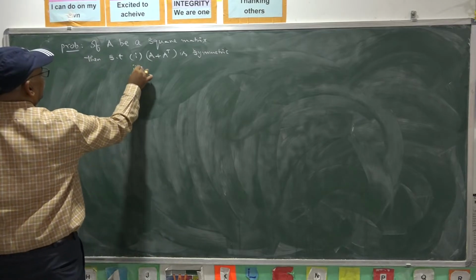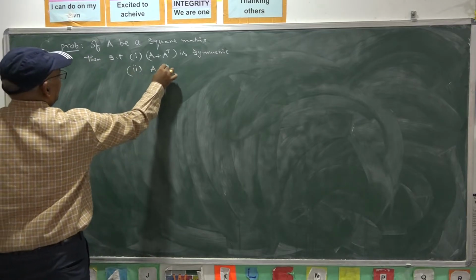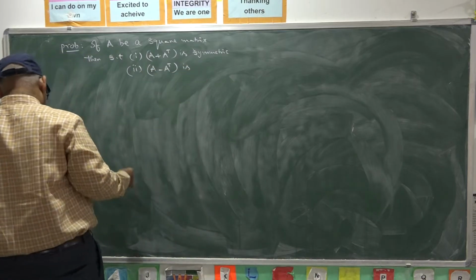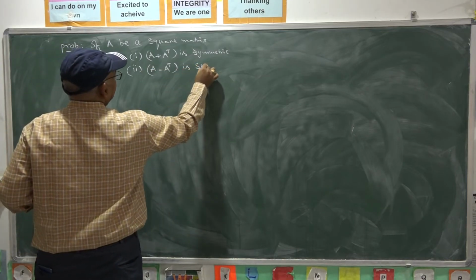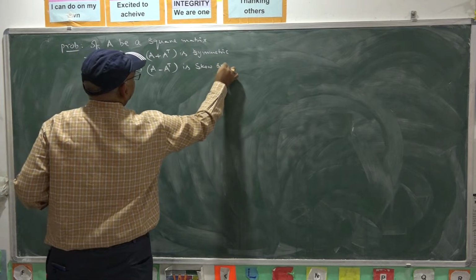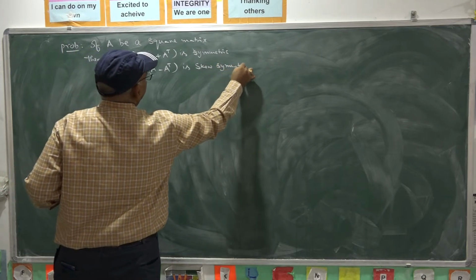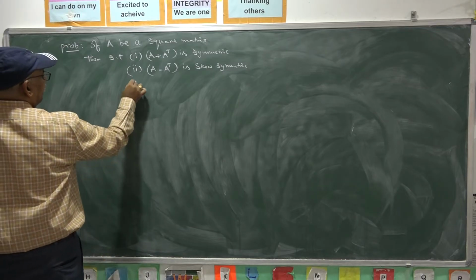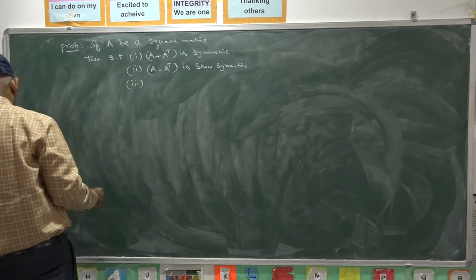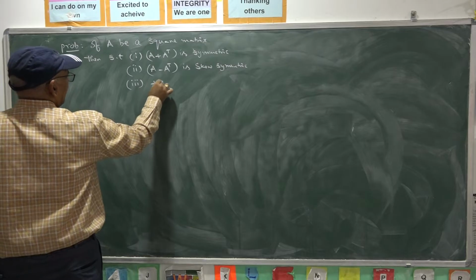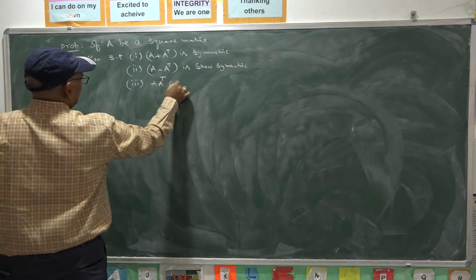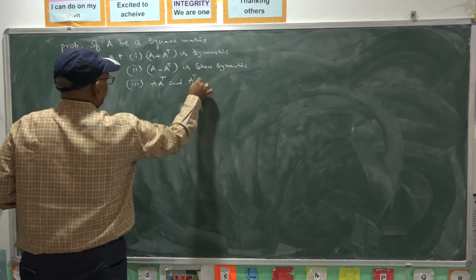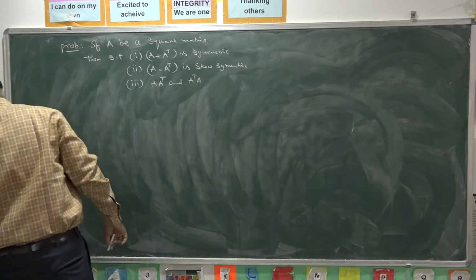And second one, A minus A transpose is skew symmetric. And third one, A transpose A and A A transpose are symmetric.